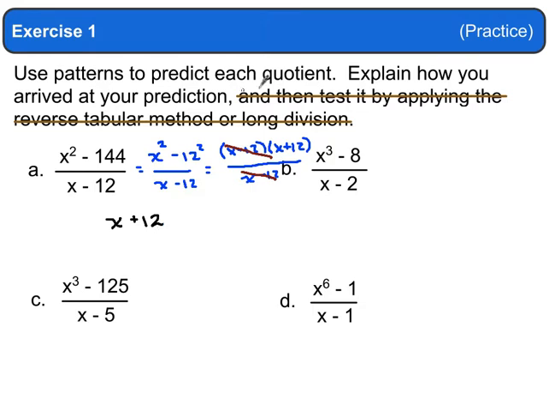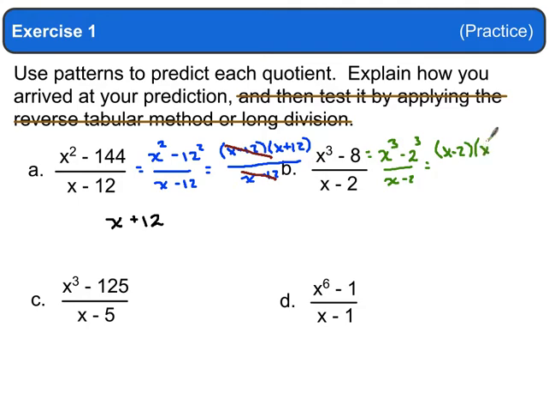So let's look at part B. Part B is a difference of cubes. I can rewrite this as x to the third power minus 2 to the third power over x minus 2. So when I do the difference of cubes, I'm going to have an x minus 2 in the front.